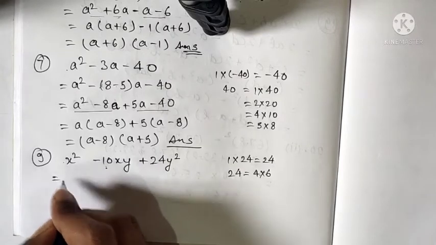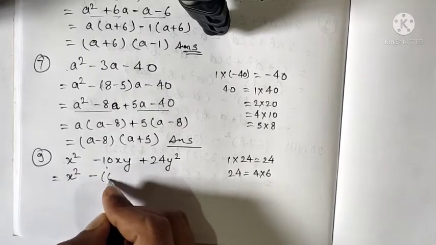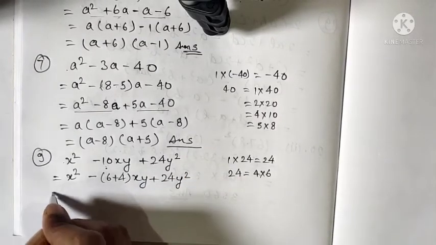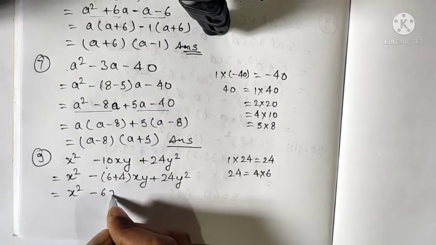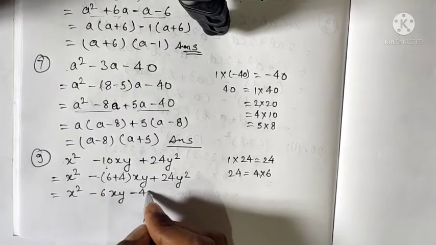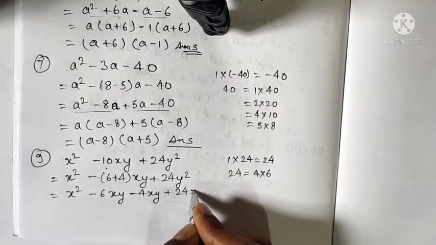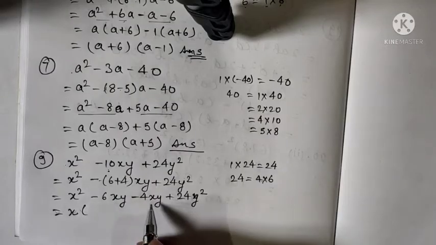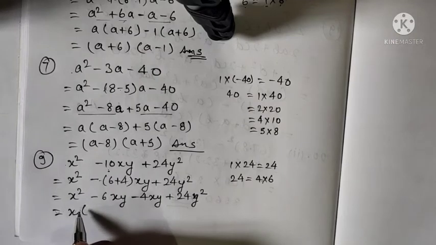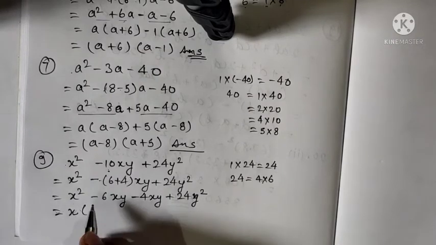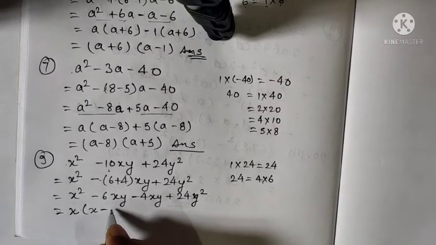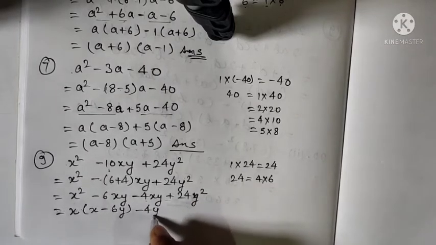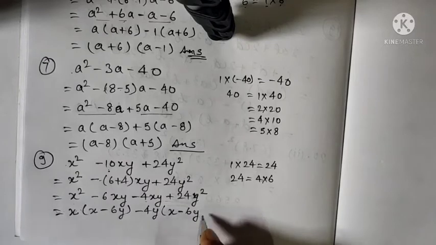Hence it will be x square minus 6xy minus 4xy plus 24y square, which equals x square minus 6xy and minus 4xy plus 24y square. By taking common, it will be x into x minus 6y, and minus 4y common, so it will be minus 4y into x minus 6y.